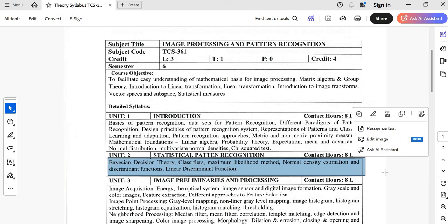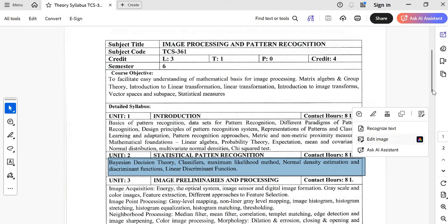So you have to prepare some numerical portions along with theory part. Very important topics are Bayesian classifiers, number 2, maximum likelihood estimation, and number 3, linear discriminant functions, LDF. So you can prepare this unit with theory plus numerical portion.